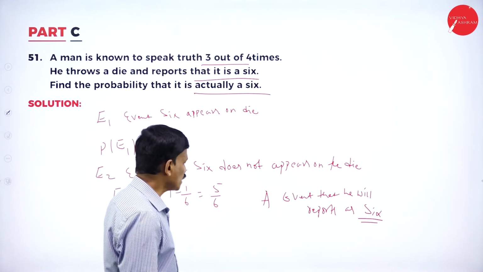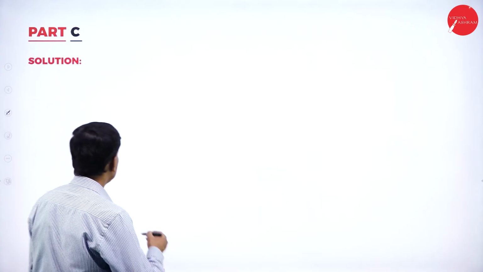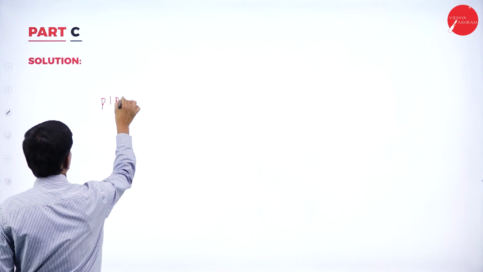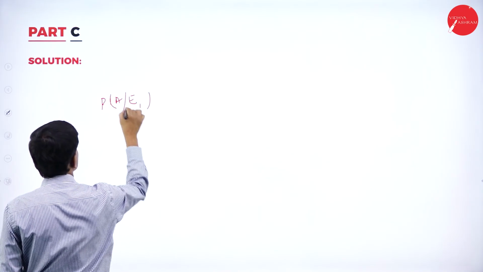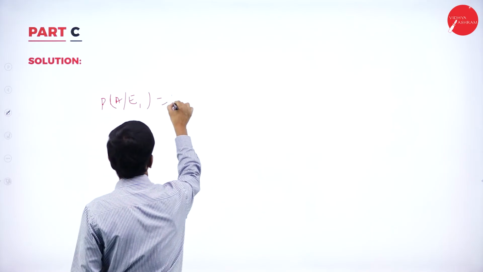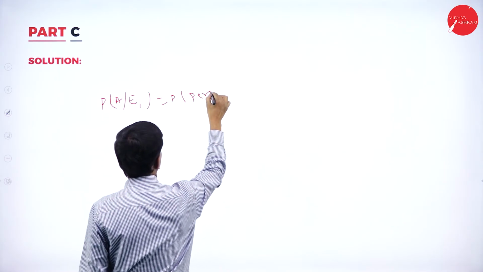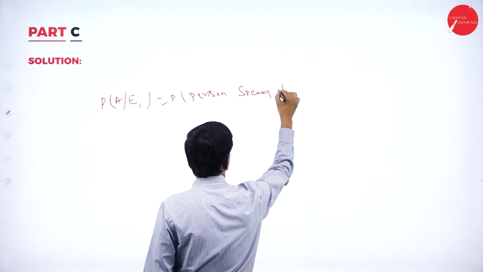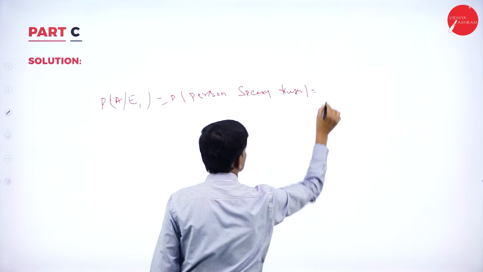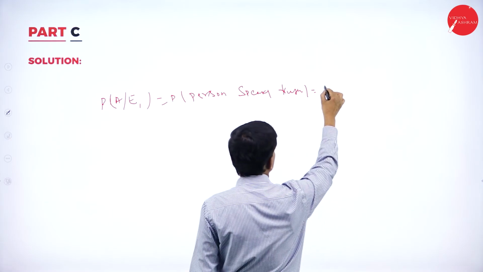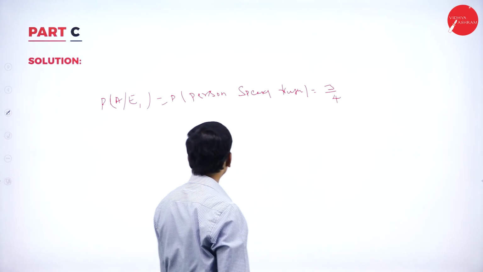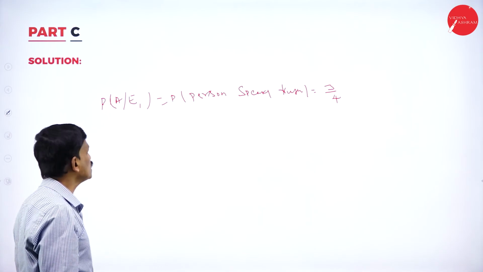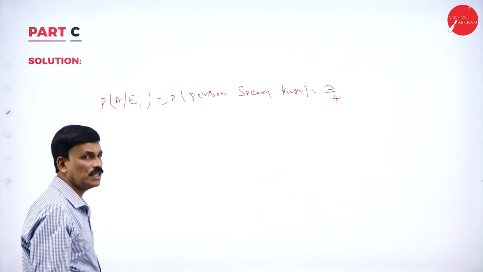Okay. Let us write down the probability of A given E1. Now, the probability of A given E1 is nothing but the probability that the person speaks truth. He will speak 3 out of 4 times. So the probability of A given E1, that is the person speaks truth, is 3 by 4.